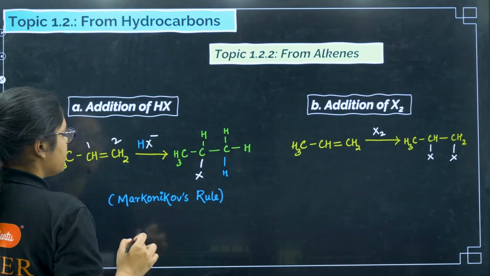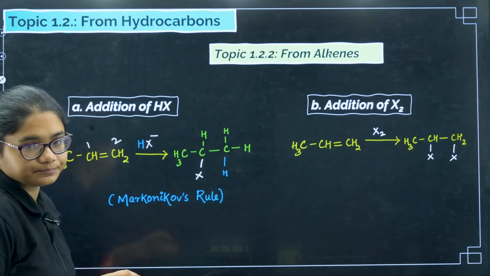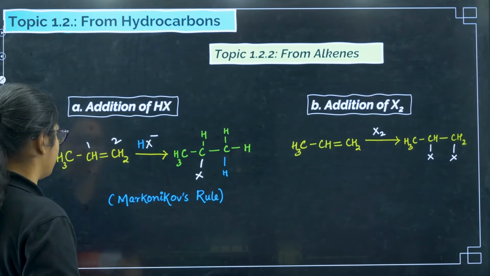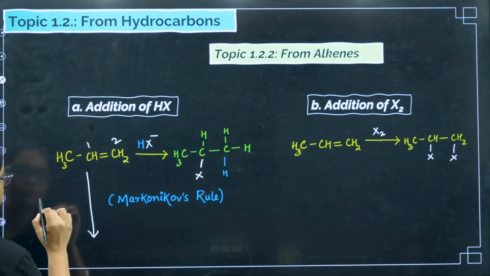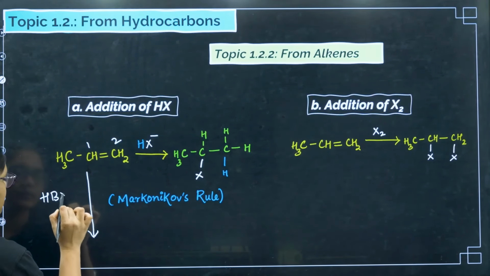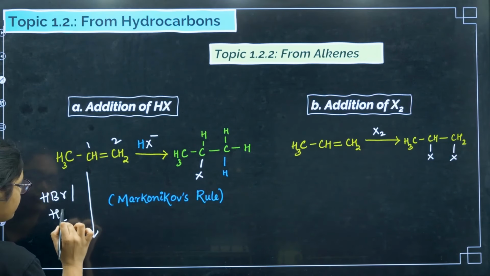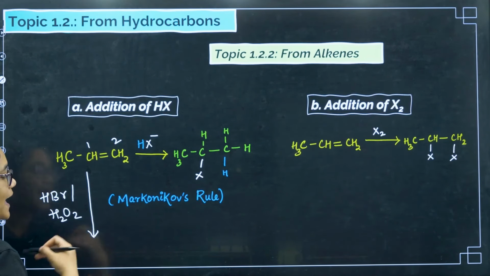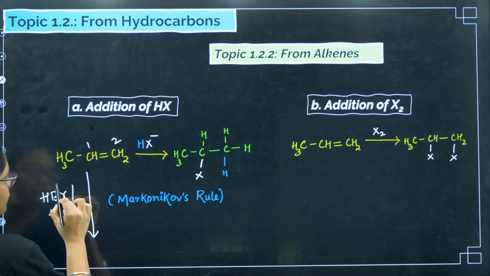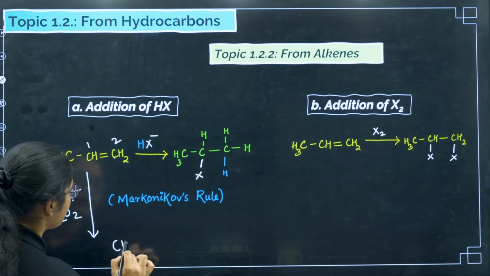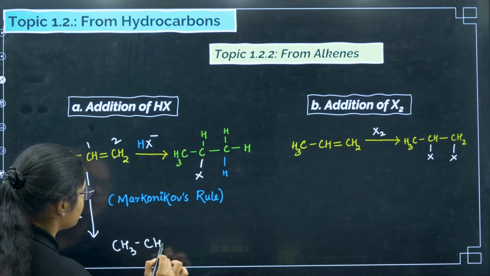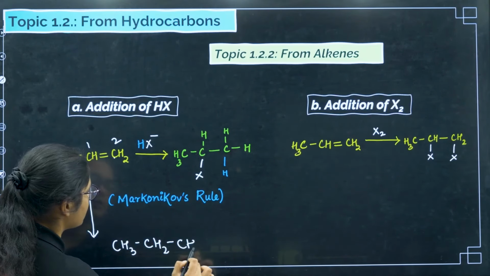You can write down what Markovnikov's rule is, but here we have one exception, that is anti-Markovnikov's rule. If I use HBr in presence of peroxide H2O2, anti-Markovnikov's rule will be followed, and the negative part will go to the carbon having more hydrogens. So I will get this as the product.